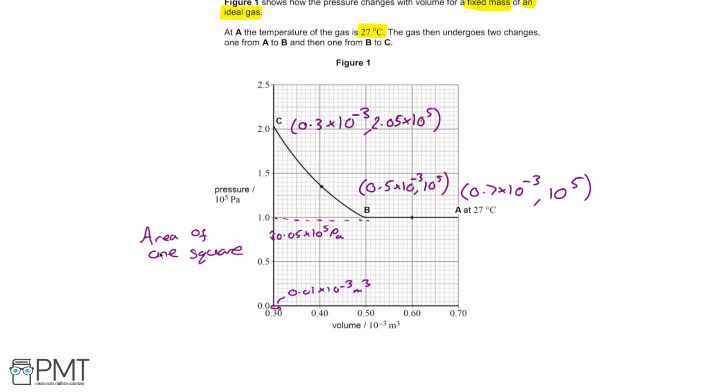So multiplying these two together, you get a value of 0.05 joules corresponds to an area of one square. If you count the squares in this section here, which I won't do on video, then you get approximately 170 squares.